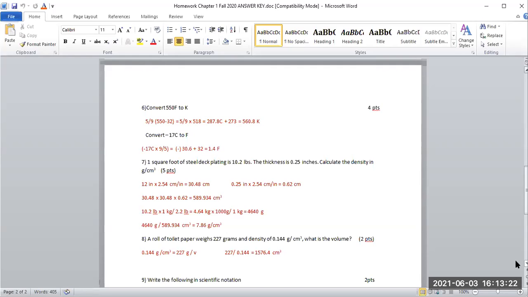No, I haven't even finished the conversion yet. Anyway, it's -30.6. Add your 32 and you get 1.4. Because remember that there's quite a big difference between where 0 is on the Celsius scale versus where 0 is on the Fahrenheit scale. There's quite a big space in terms of the size of the units.